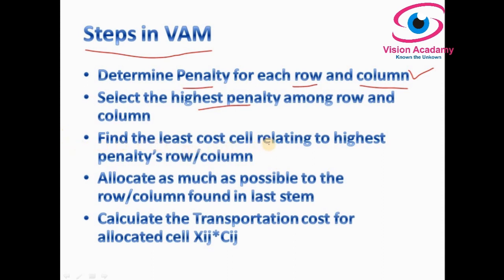Find the least cost cell relating to the highest penalty, and allocate as much as possible to that row or column. At the end, you will calculate the transportation cost using the allocations and cost values.